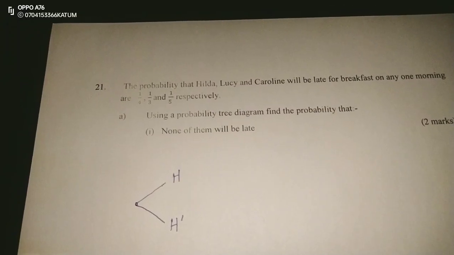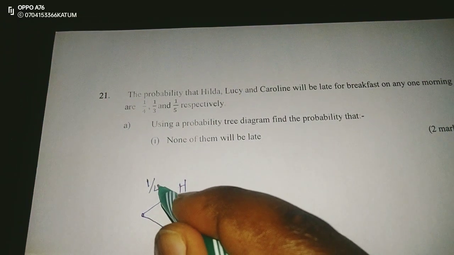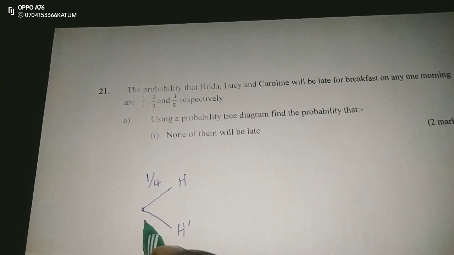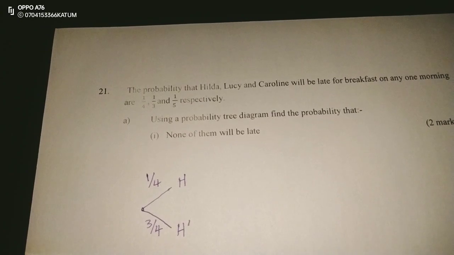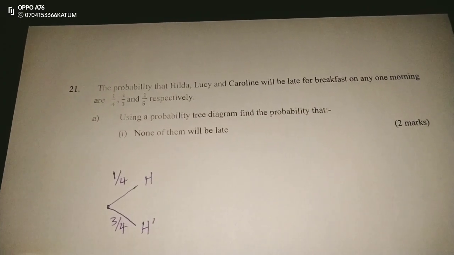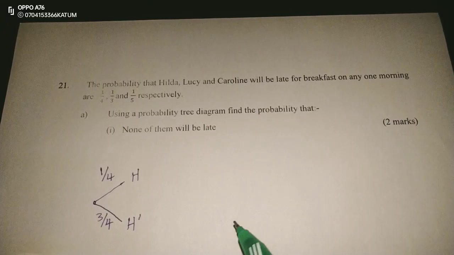Being late is a quarter for Hilda. That means not late is 3/4. That is the probability. In the next bracket, I'll introduce the second individual, that is Lucy.